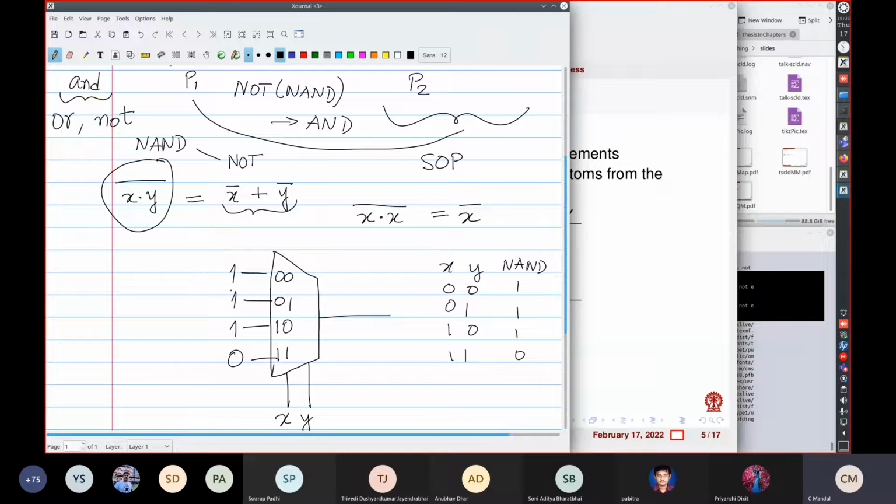In this realization we needed Boolean constants 0 and 1. So if you have the multiplexer and Boolean constants 0 and 1, you can of course realize the NAND function. Okay, so you can also realize NOT in the same manner, but again you need these Boolean constants 0 and 1.